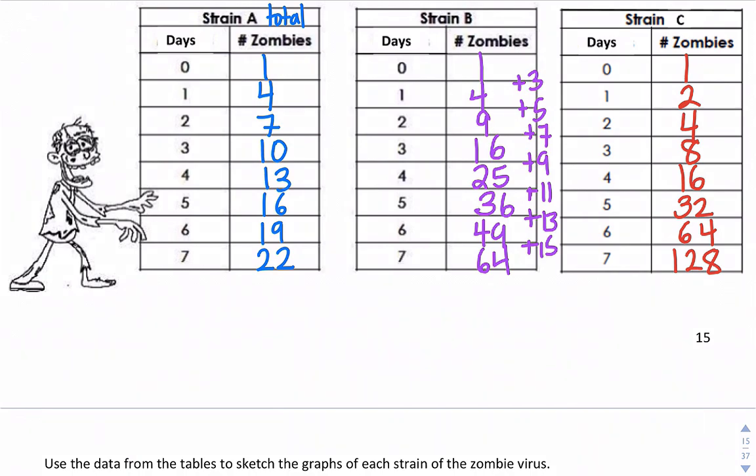Let's take a look at strain B. We have 0, 1.